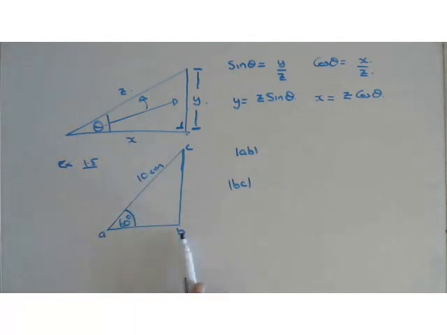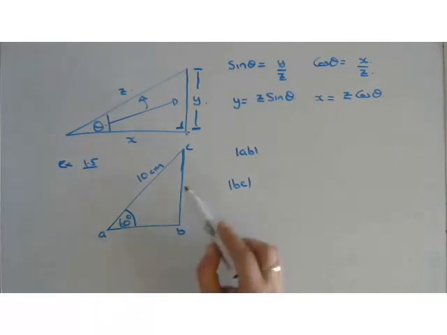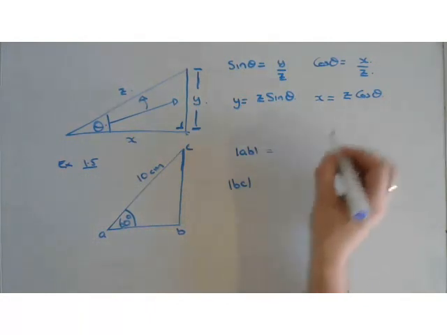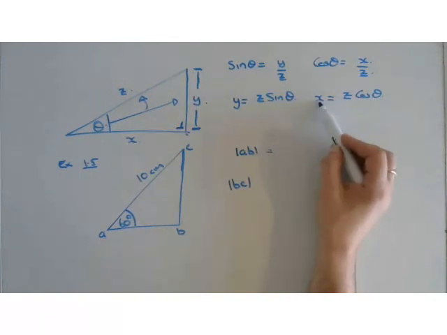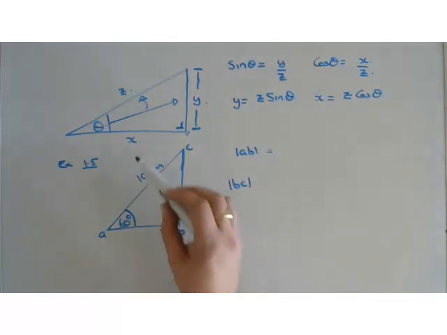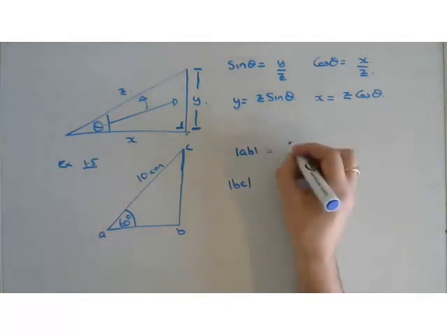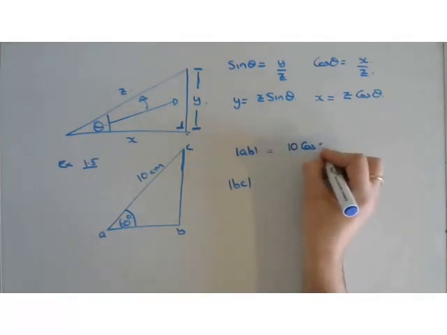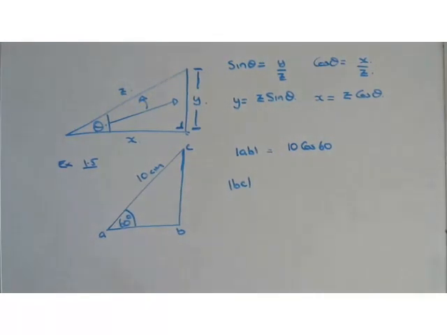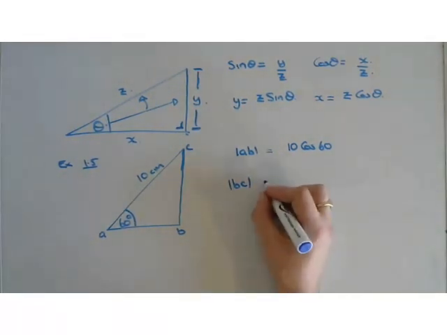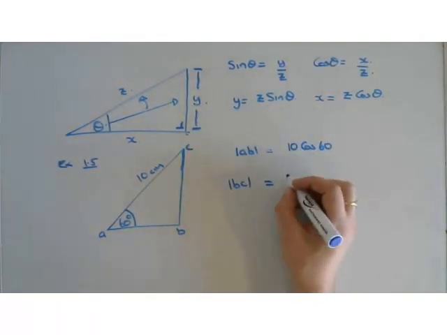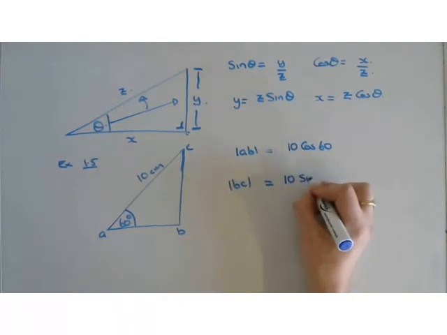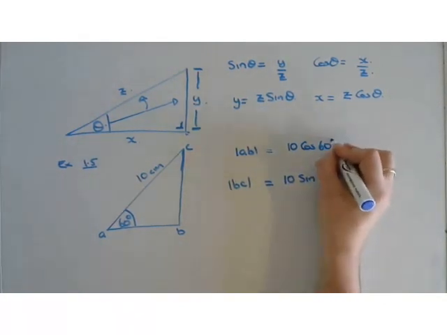You can see it's the same. To find the length AB is like finding X, and to find the length BC is like finding Y. So the length AB is Z cos theta, which is 10 cos 60, and the length BC, which is like Y, is Z sine theta, which is 10 sine 60 degrees.